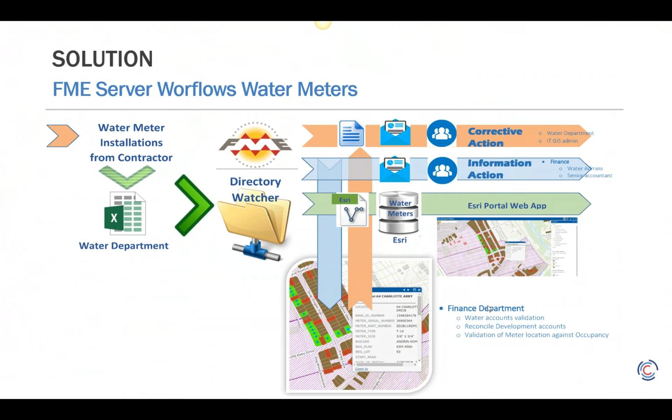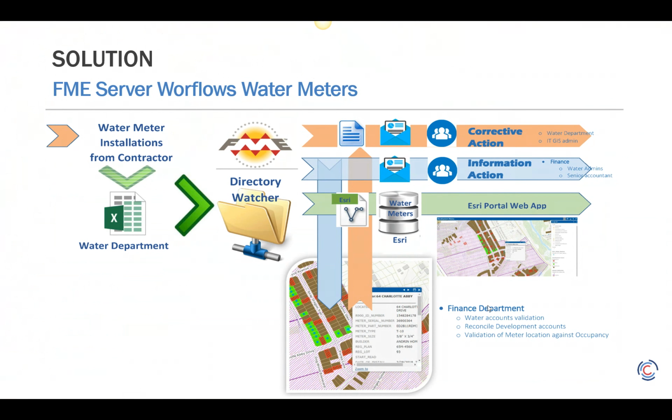So for the water department, a process was added that allows them to take the Excel files that get delivered by contractors, put them into a folder, and FME Server automatically picks them up using the directory watcher in order to automatically join that information to a property and place a point on the map for it. So they have a point representation on each property for each of the water meters that have been installed.